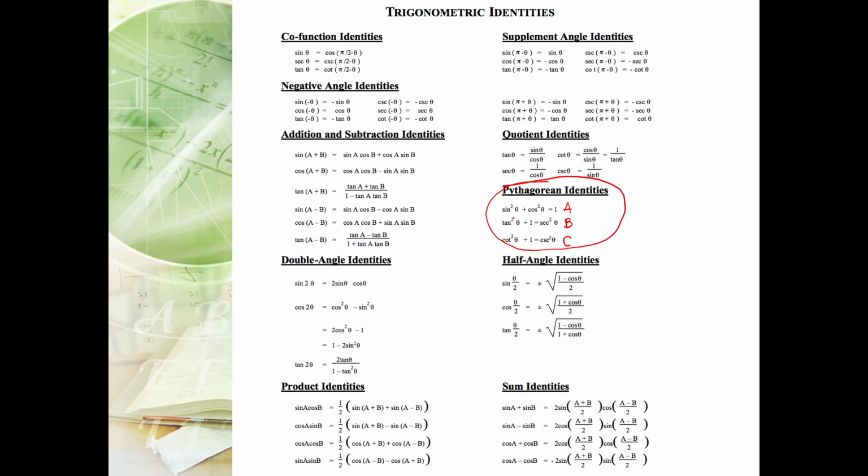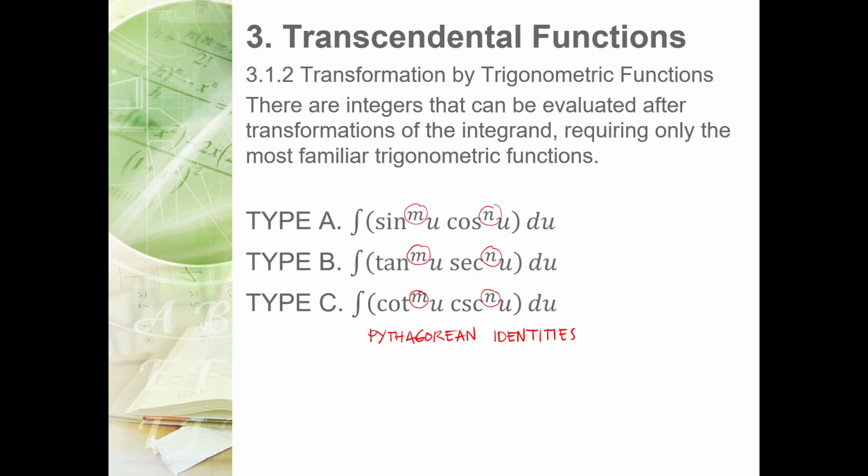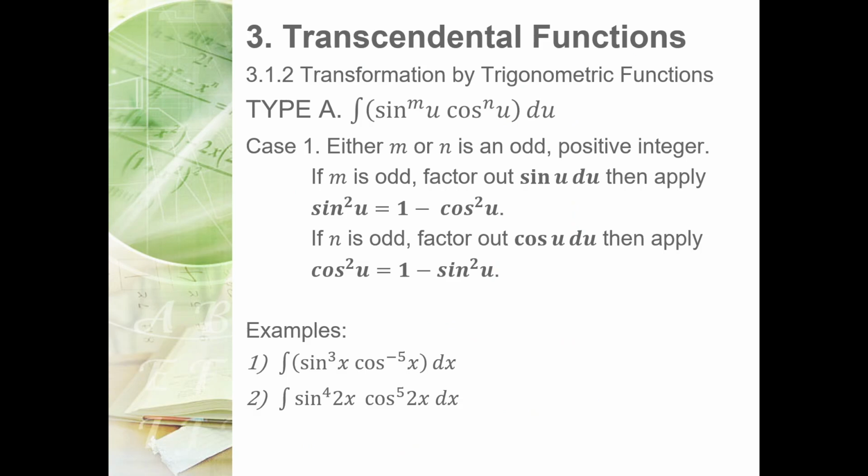Okay, so let's start with type A. For type A, there are two cases. In each type, there will be two cases because if case number one doesn't apply in the situation given, the other case will apply.